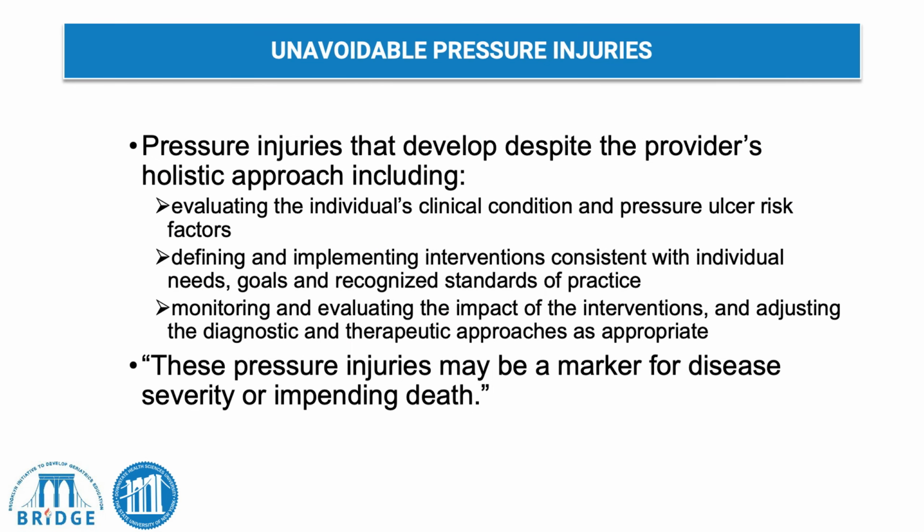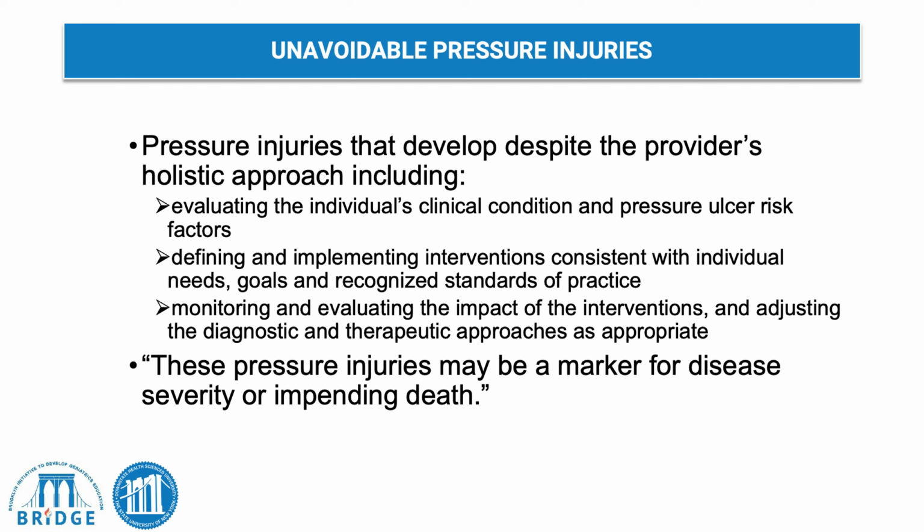Other pressure injuries include unavoidable pressure injuries. Unavoidable pressure injuries are pressure injuries that develop despite the provider's holistic approach, and this includes the provider evaluating the individual's clinical condition and pressure ulcer risk factors. This includes the provider defining and implementing interventions consistent with individual needs, consistent with the goals and recognized standards of practice.